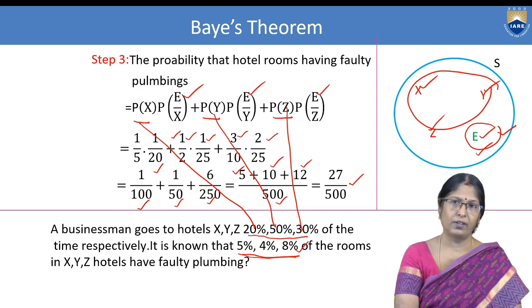So first, we can check whether the problem comes under Bayes, then quickly we can solve all of step 1, step 2, step 3. But from step 4 onwards, what is the problem? The given condition we have to see. It differs from problem to problem. How it differs? We can see it.